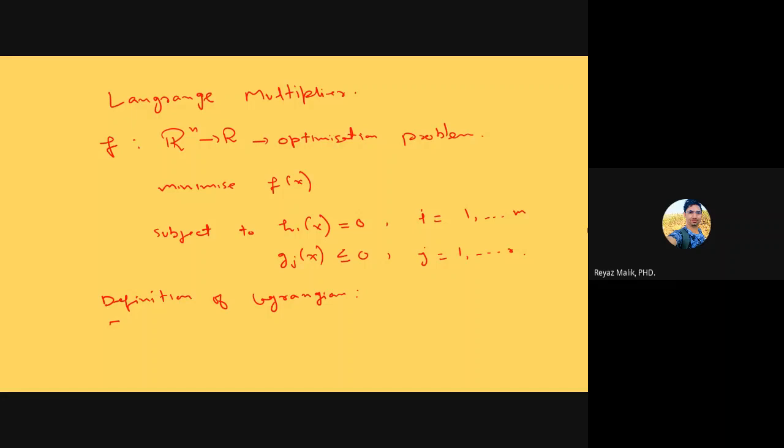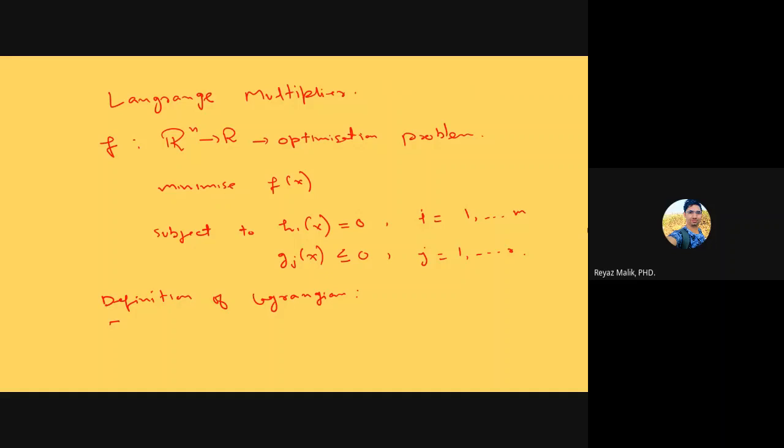When we minimize f of x with respect to g of x, that time it will be treated as an inequality constraint function.